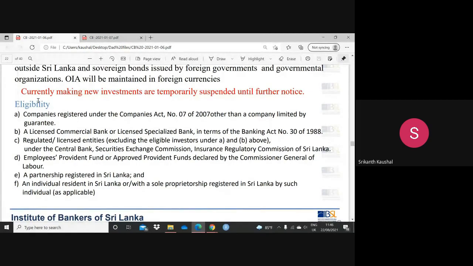But I have put it in red. What does it say? Currently making new investment is temporarily suspended until further notice. Though you study OIA, currently you can't make any new investment until further notice. That is because of the current foreign exchange deficiency, right?